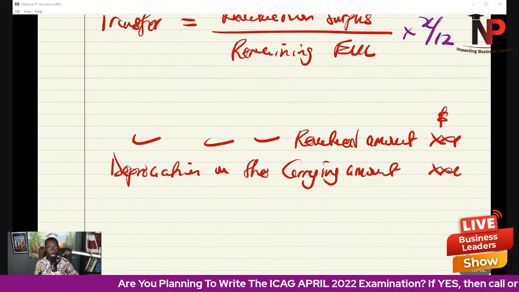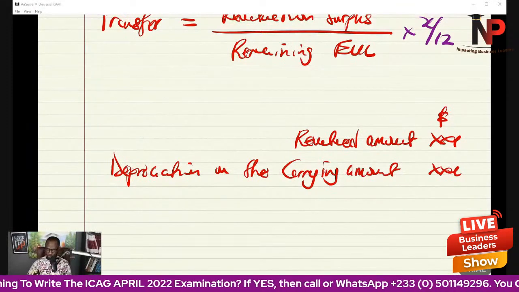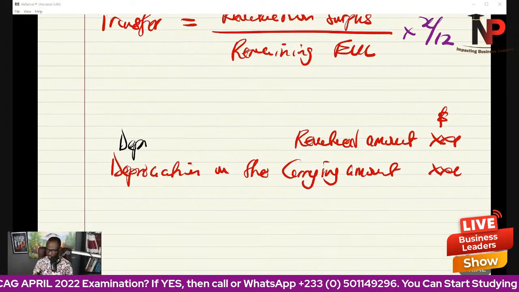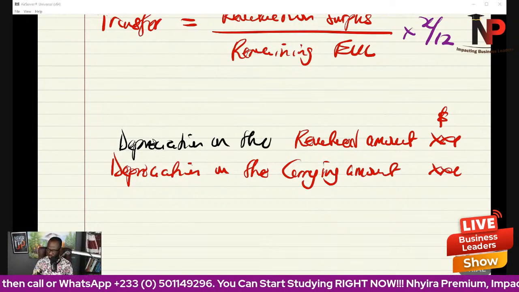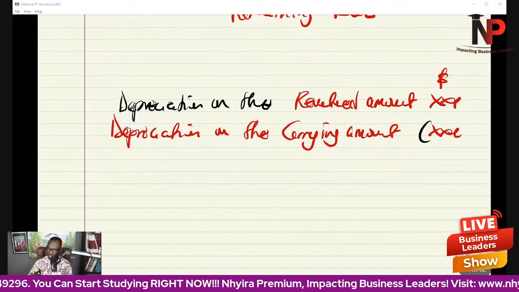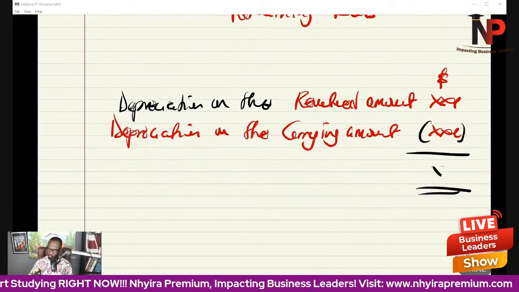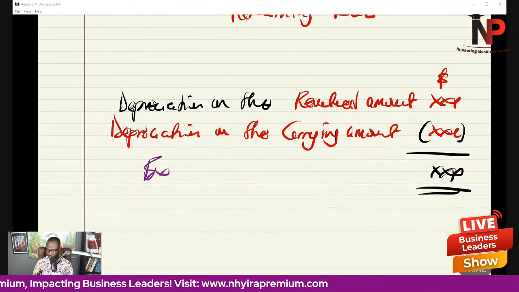So, I need to write this down. Depreciation on the revalued amount, we compare that with the depreciation on the carrying amount. The difference between the two is the excess depreciation.